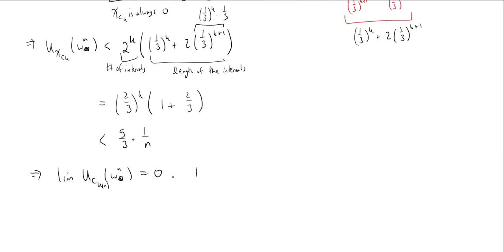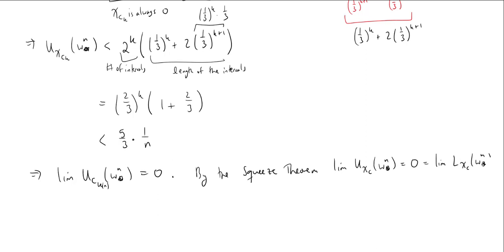So by the squeeze theorem, and this was why it was important that we had bounded from below by 0, the limit of the upper sum for chi C on this sequence of partitions is equal to 0, is equal to the limit of the lower sum of the sequence of partitions.